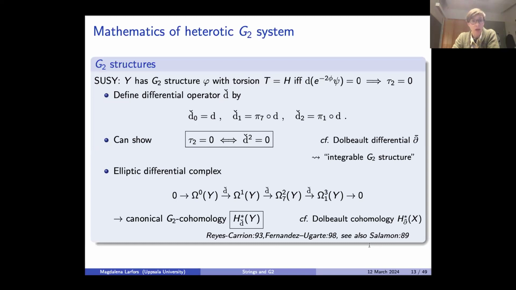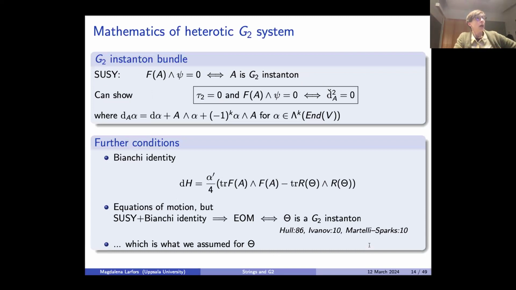Okay, so this is a geometric structure that we have. Moreover, we can encode the supersymmetry constraints that we have on a bundle in a similar way.